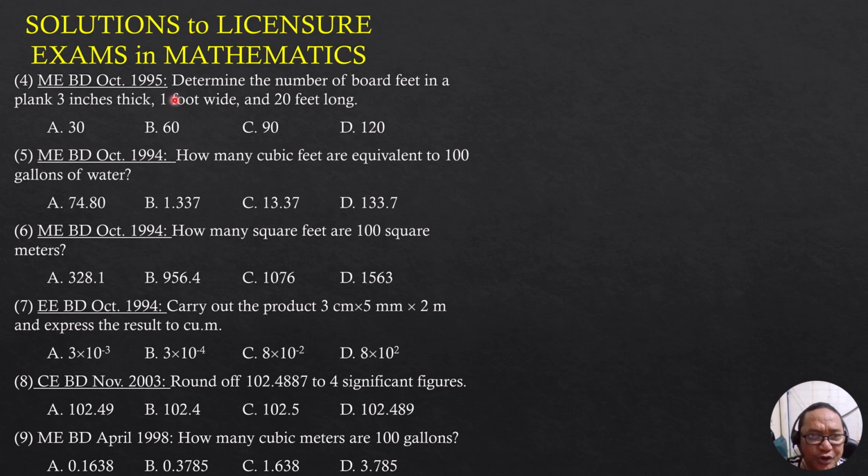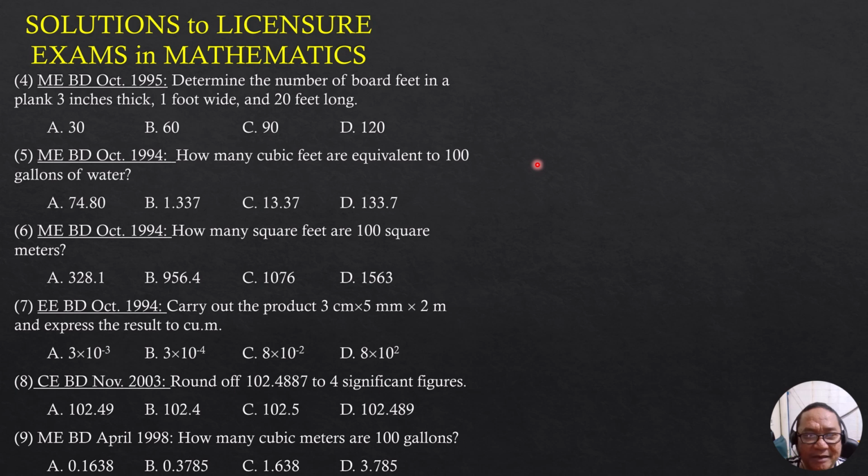So for the solution, we define one board foot as a board 1 foot by 1 foot, then by 1 inch thick. So that's the equivalent of one board foot. Again, one board foot is 1 foot by 1 foot by 1 inch thick.